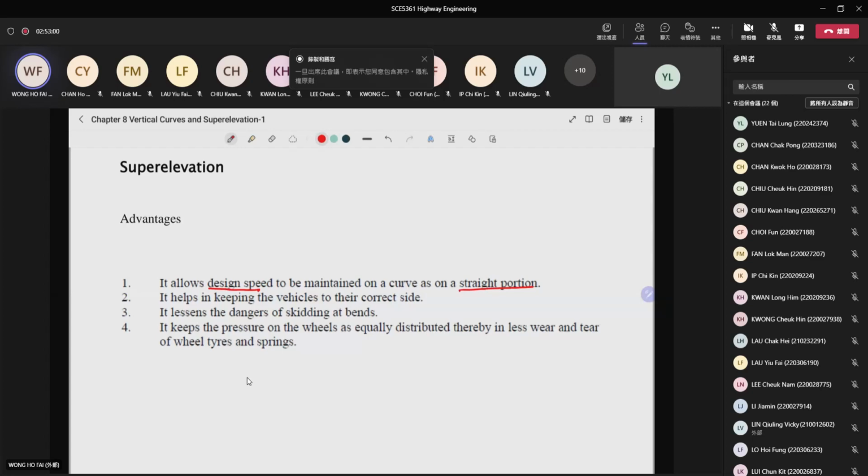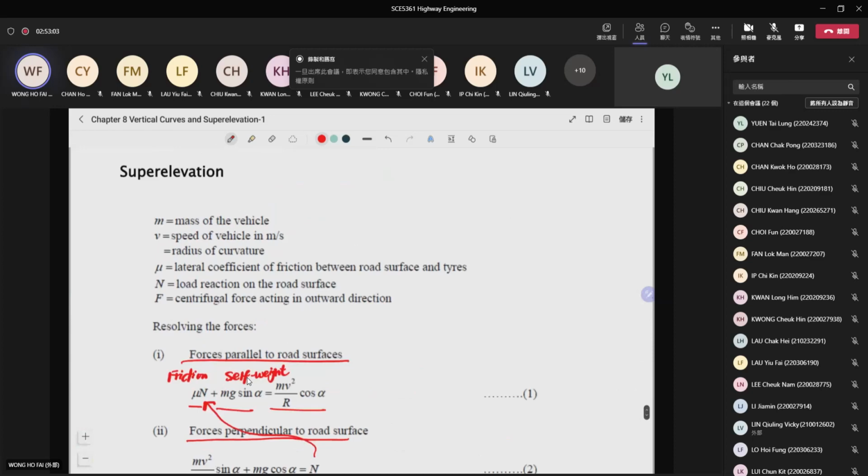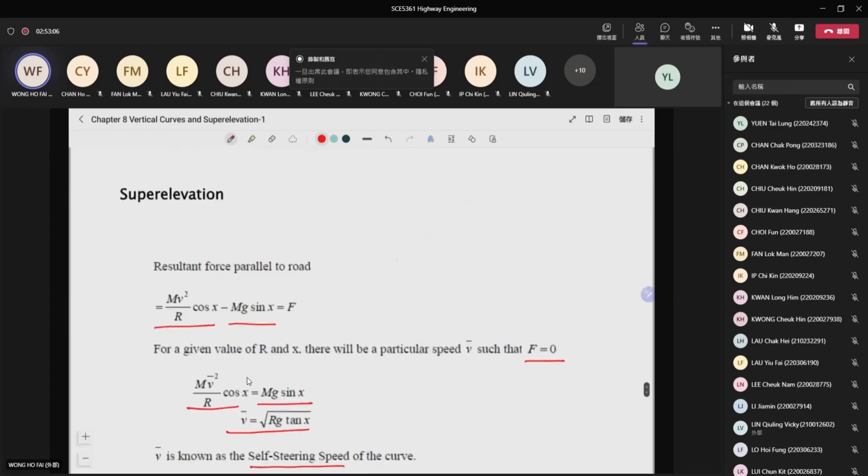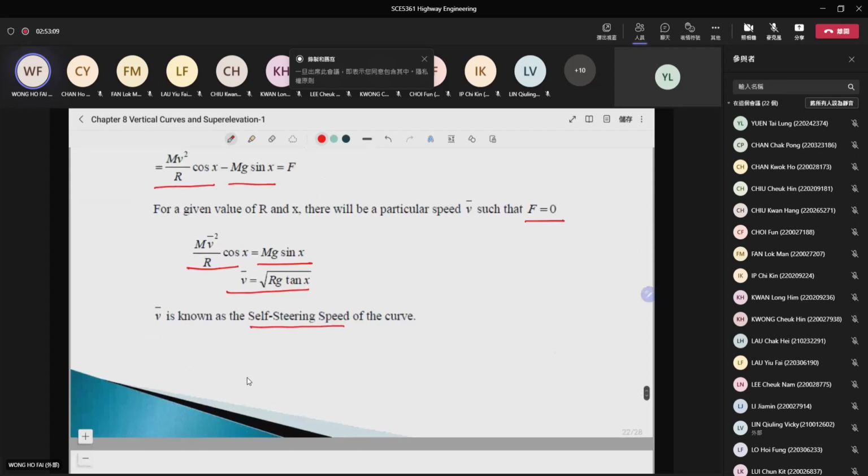Without using the frictions, you can see that V will be smaller, because it's the square root of RG and n times tangent alpha. It will always affect the maximum speed of the vehicle if tangent alpha is equal to 0, right?